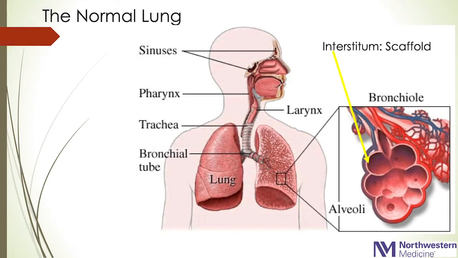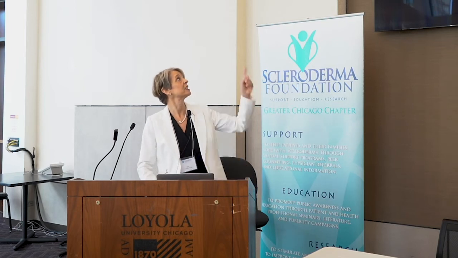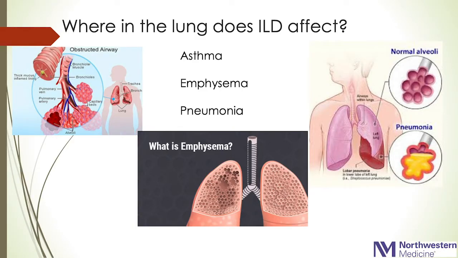So the normal respiratory tract extends from the sinuses all the way down to the distal airways or the alveoli. And different diseases occur at different points of the respiratory tract. For instance, asthma up here in the right-hand corner is an airway disease. It's not even really a lung disease.